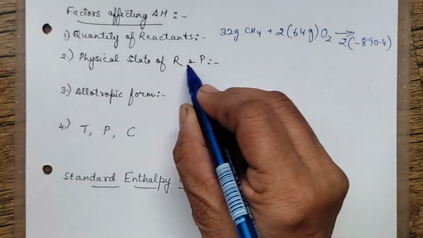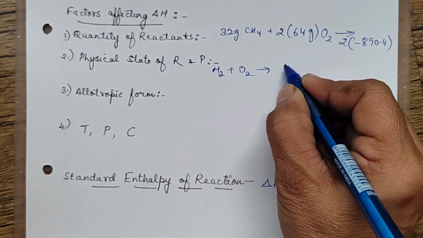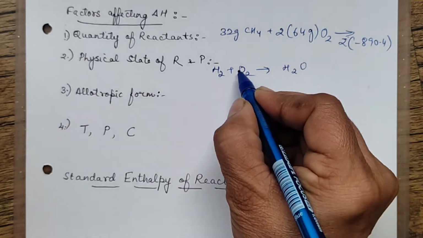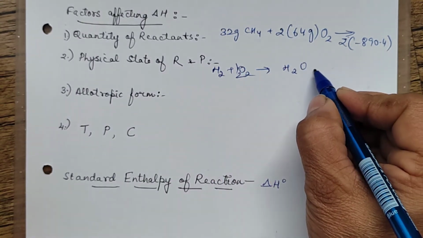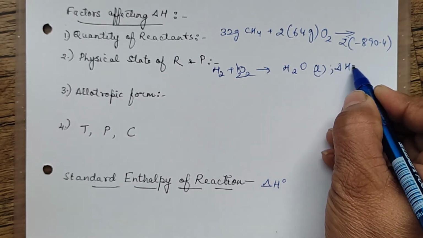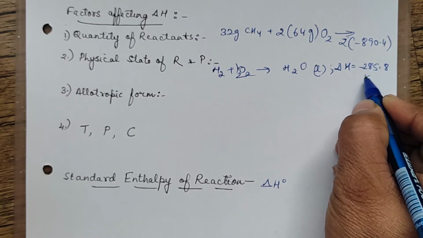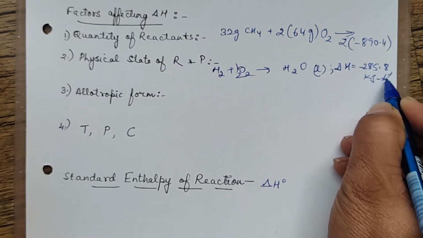Suppose in this only we take one example, say hydrogen plus oxygen. They are combining to form water, which is in the liquid phase. In this case you have the delta H value as minus 285.8 kilojoules per mole. This much heat is liberated.